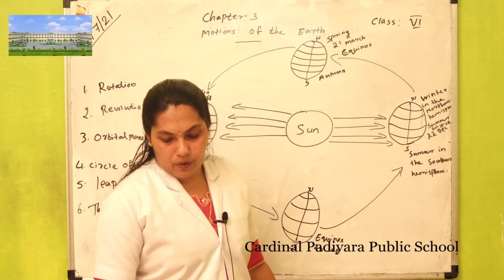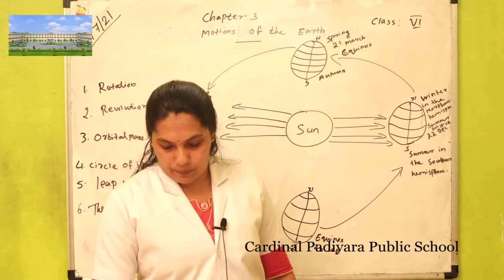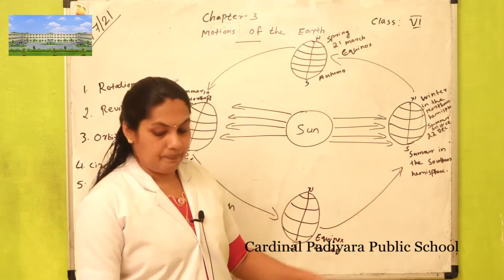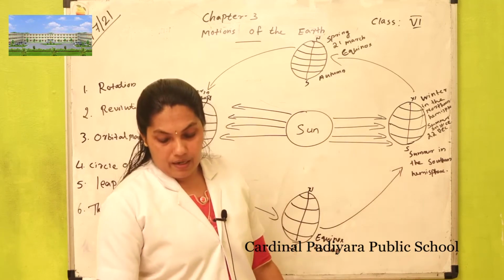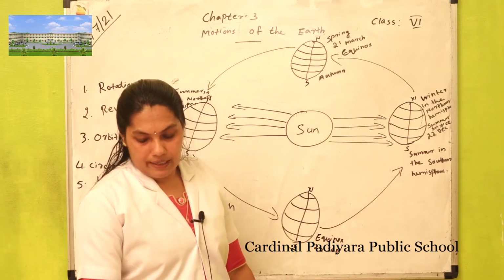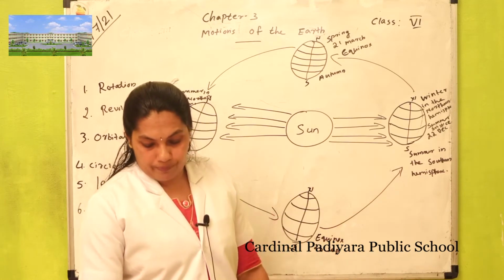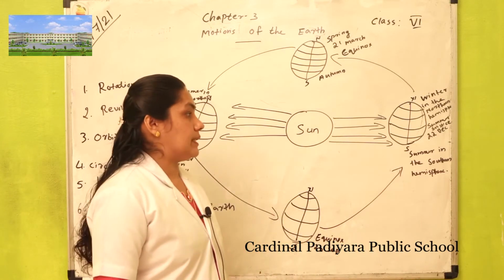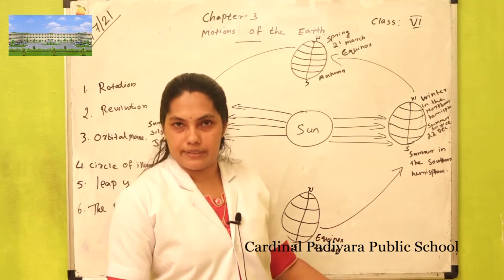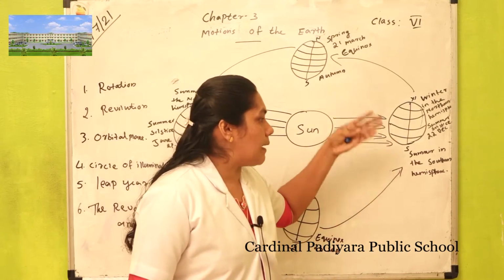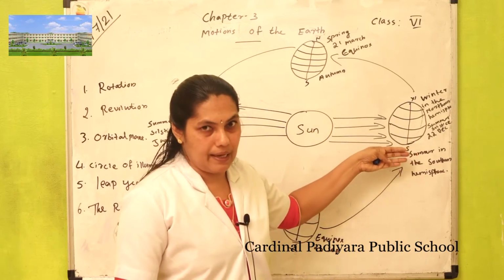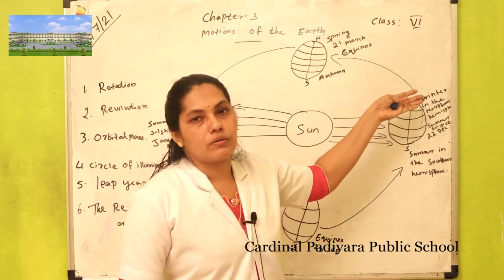As the south pole tilts towards the sun, and the sun rays fall vertically at the Tropic of Capricorn, a large portion of the southern hemisphere gets light. Therefore, it's summer in the southern hemisphere and winter in the northern hemisphere.